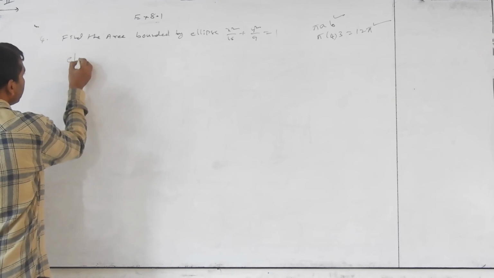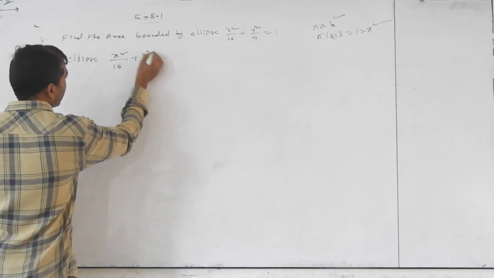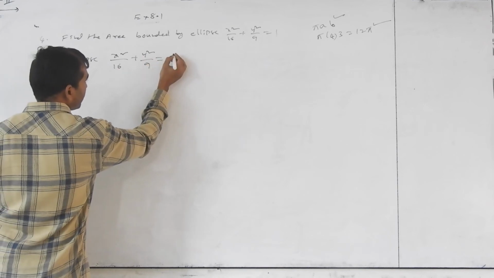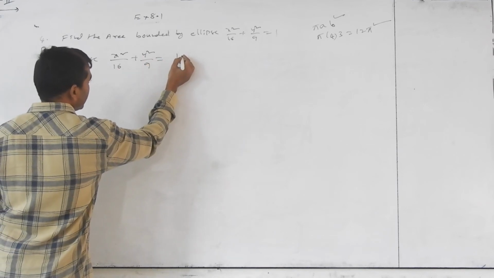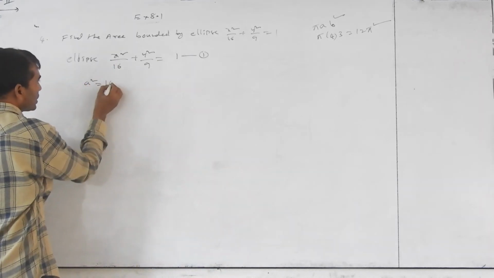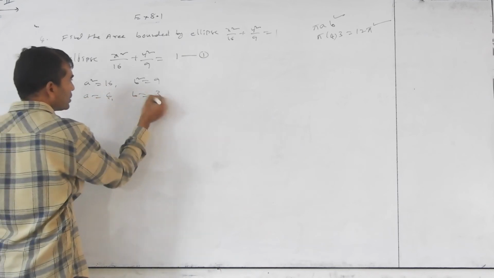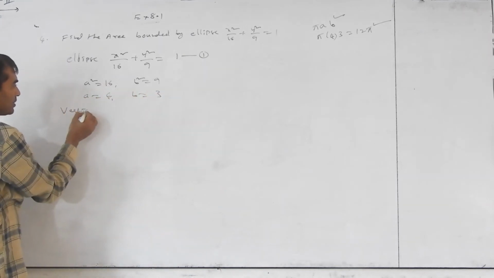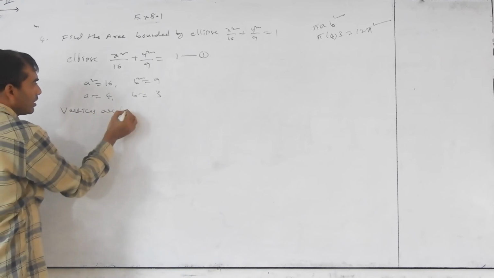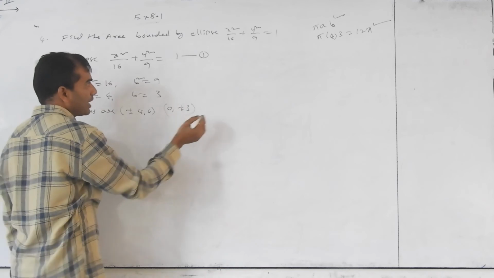Tell me the ellipse here. Ellipse x square by 16 plus y square by 9 equal to 1. What is a? Here a square equal to 16, b square equal to 9, a is equal to 4, b is equal to 3. Tell me the vertices. Vertices are plus or minus 4 comma 0 and 0 comma plus or minus 3.